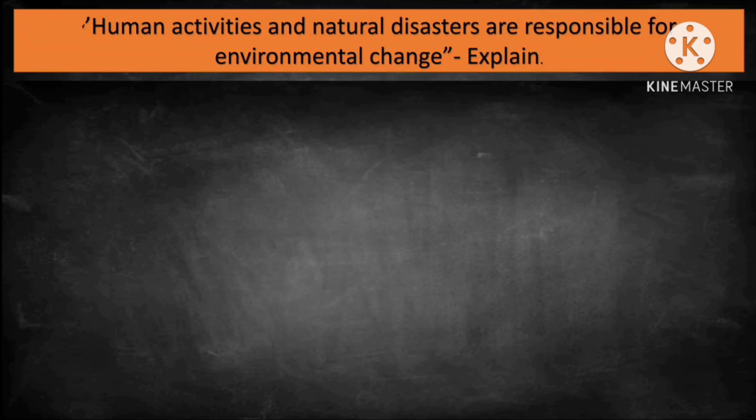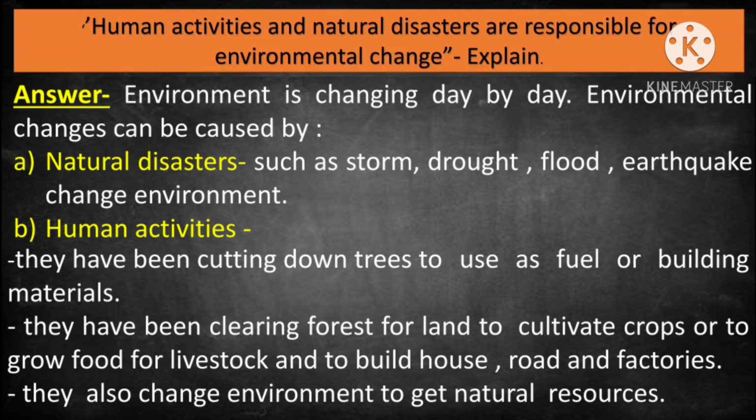I am asking for the reasons, the causes that are responsible for environmental change. Can you relate it with the first question? Yes, the answer is the same, but you have to understand what I am asking for. I am asking for the causes of environmental change.